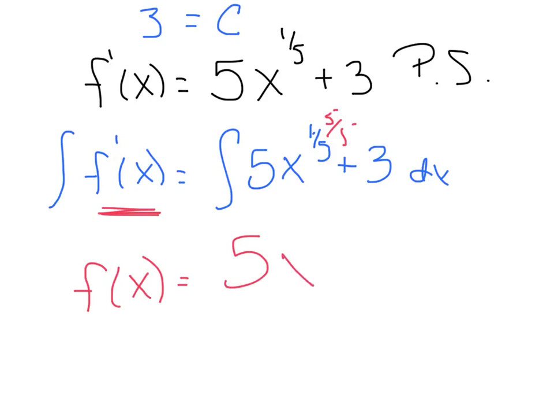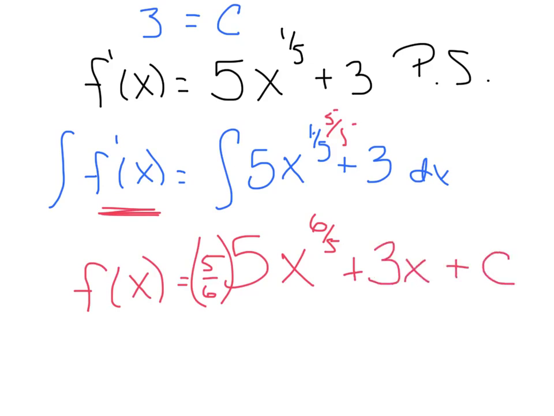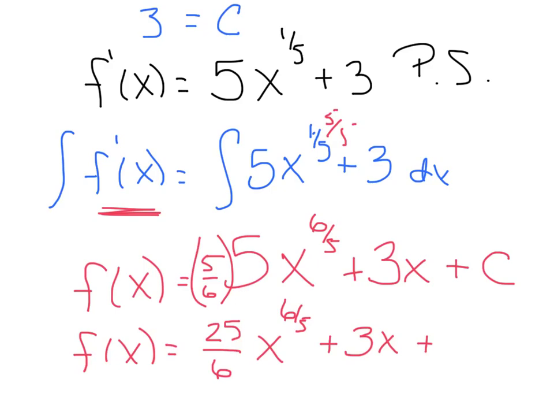So I'm going to say x to the 6/5, and instead of saying divided by 6/5, I'm actually saying times 5/6, plus, if I integrate 3, that's 3x plus c. I'm going to clean that up a little, so I get f of x equals, let's see, that's 25 over 6, multiply tops and bottoms, x to the 6/5 plus 3x plus c.